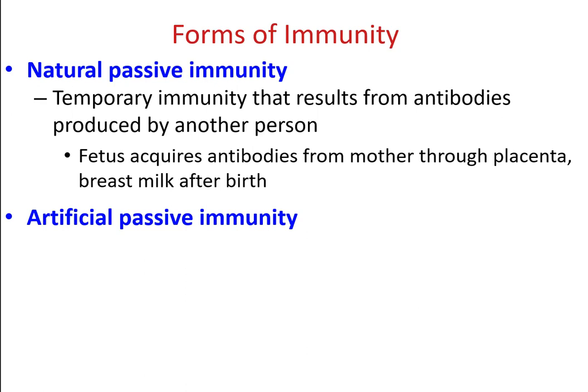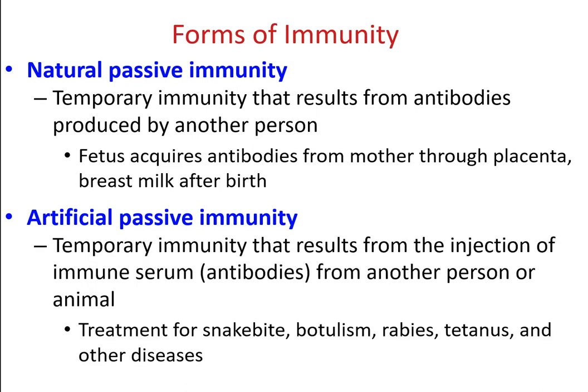And so we have a period of time where, if an individual is able to breastfeed, they're conferring their own immunity onto that child for a short period of time until the child is able to start producing their own. But then they'll still have to be exposed either by getting sick or through vaccinations.